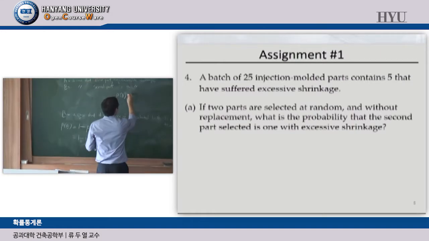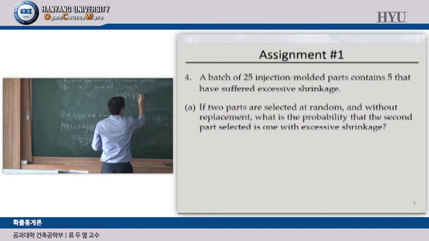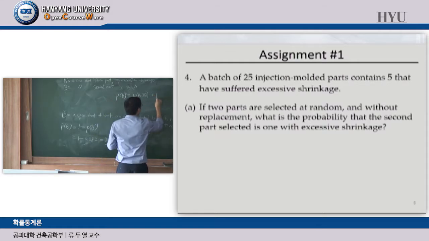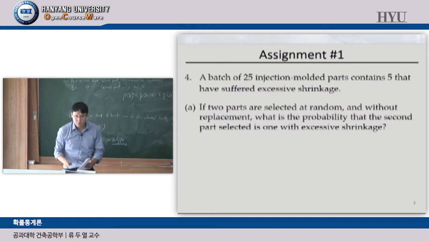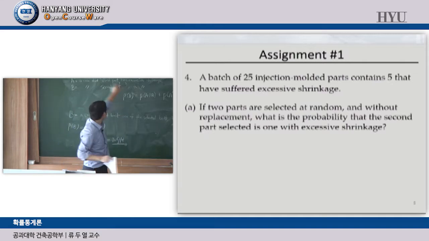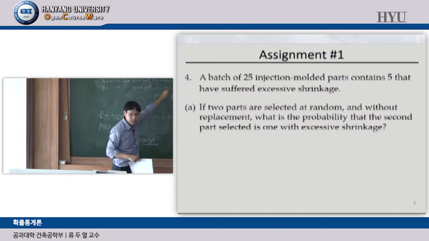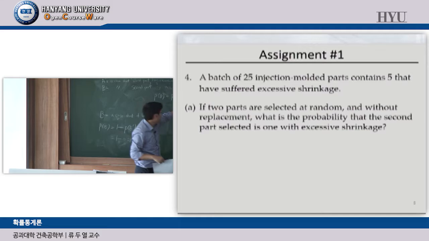And this can be the summation of the probability of the intersection of A and B, and the probability of the intersection of A prime and B, right? Because we have 2 options. One is that the first part also has excessive shrinkage. On the other hand, the first part doesn't have excessive shrinkage.